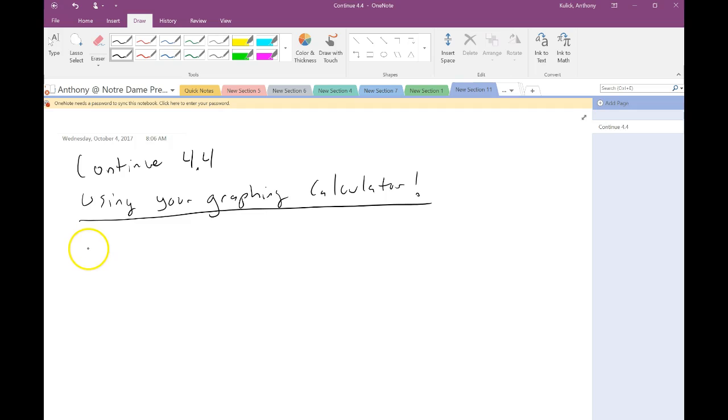So, in your previous homework, you were asked to graph things such as y equals -2 sine (x minus pi over 4) plus 1. And to do this, we set up a transformation.